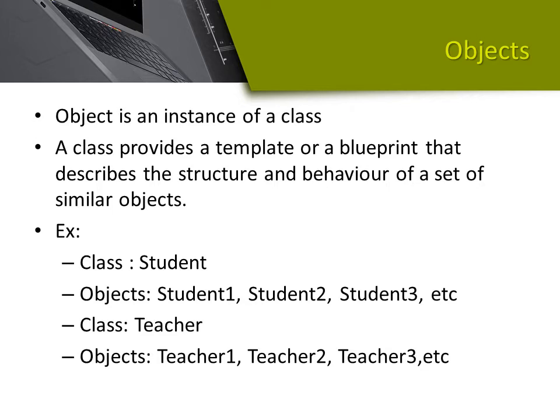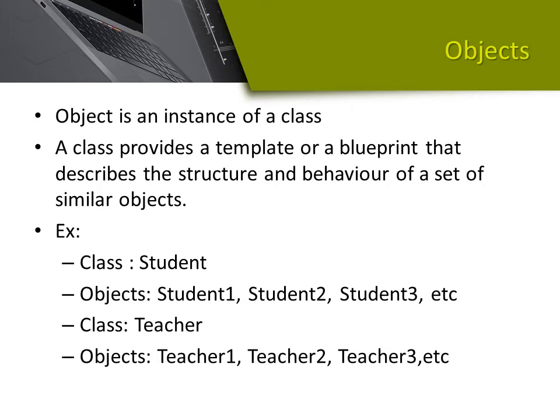In short, we can say a class provides a template or a blueprint that describes the structure and behavior of a set of similar objects. So, all objects of a particular class will behave in a similar manner.